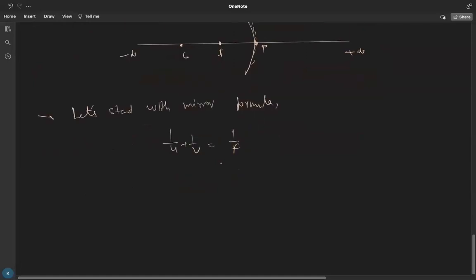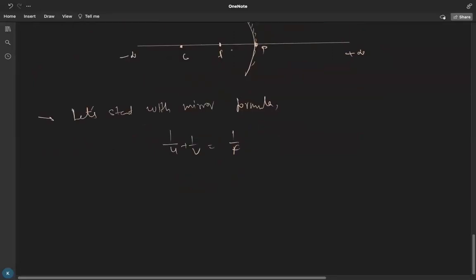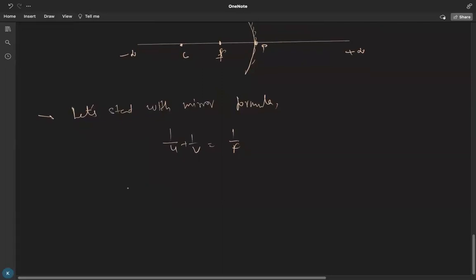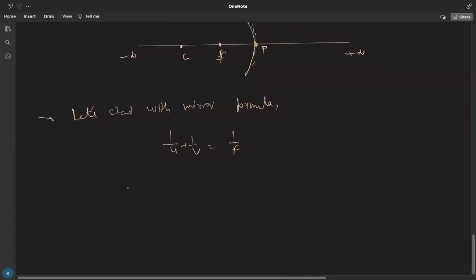Now, here our focus is in the negative direction when we put the sign convention. I'm not assuming that the object and the image were in the right direction. So what else can we do here? Let me write it here: 1 by v is equal to minus 1 by u minus 1 by f.